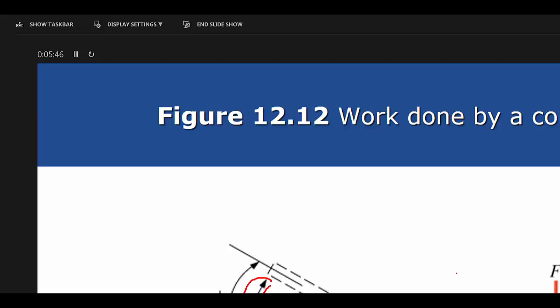Honestly, you really shouldn't have to cheat on this test. There should be no need. This is just plugging in a bunch of numbers. As long as you're given enough stuff, the only trick is, well, okay, what do I have, what do I need to get to, and what equations can I use?